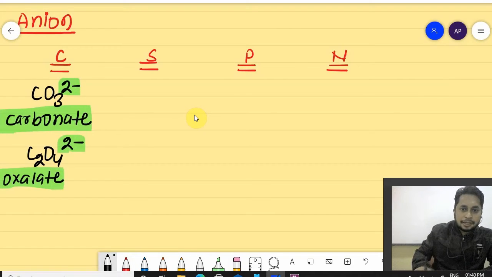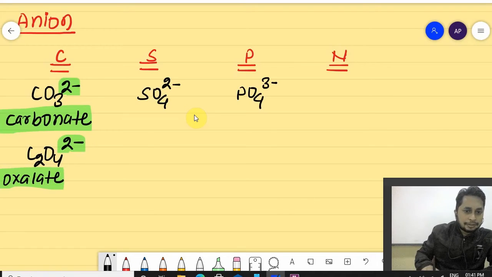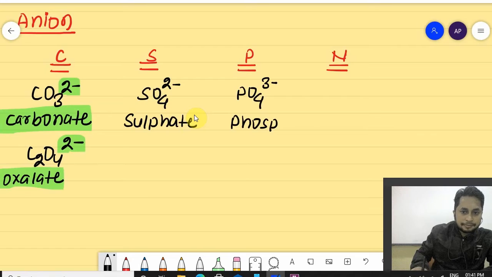In the sulfur and phosphorus category, both move in the same pattern. SO4, this will be PO4. The sulfur group has double minus, the phosphorus group has triple minus. This is called sulfate, and this one is phosphate.